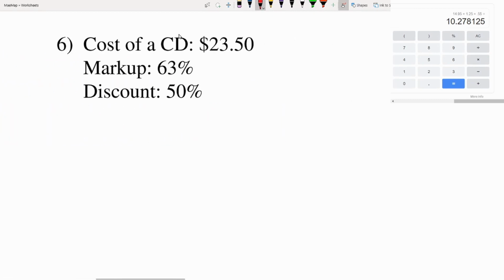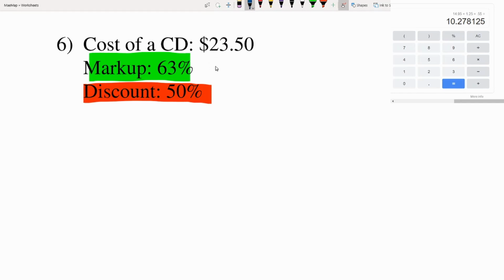Moving on to number 6, again, we're dealing with a markup and then a discount. So that markup, adding that decimal to 1, that's going to be 1.63. And for the discount, that's going to be 1 minus 50%, so 1 minus 0.5, which is 0.5.